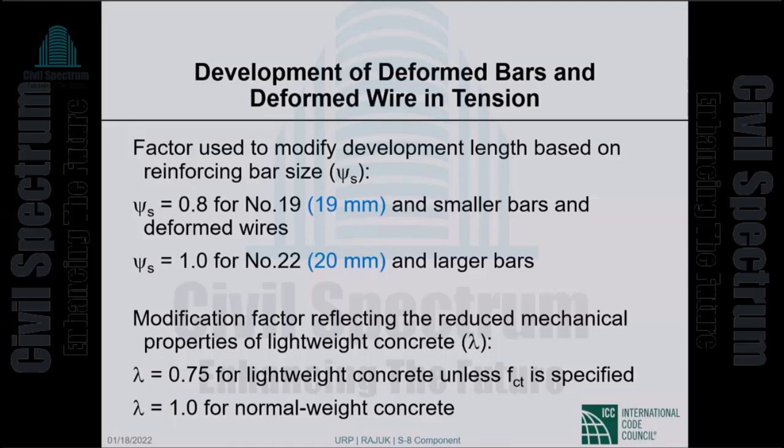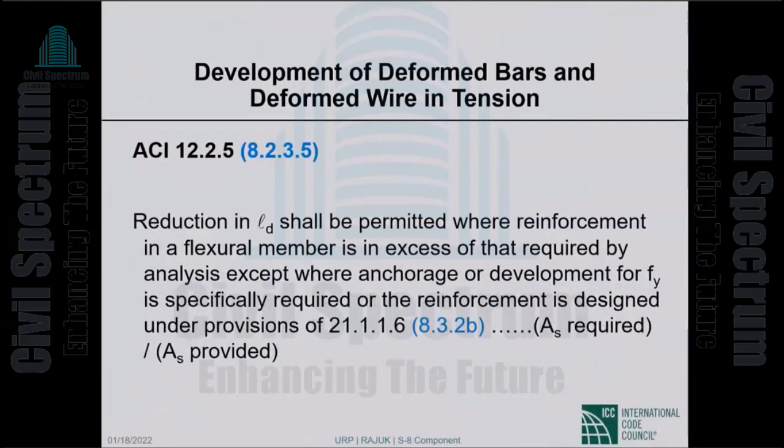Modification factor reflecting the lightweight concrete factor lambda is 0.75 for lightweight concrete, unless F sub CT specified the split tensile strength, then you can calculate it and it can be different from 0.75. Normal weight concrete 1.0. So lightweight concrete typically 0.75 is the lambda factor.